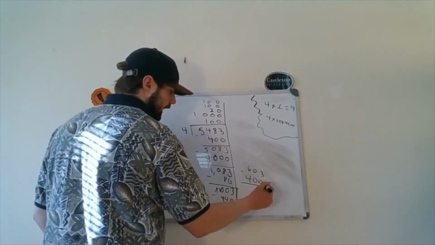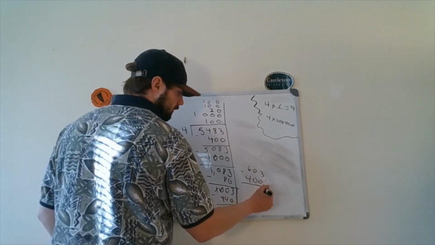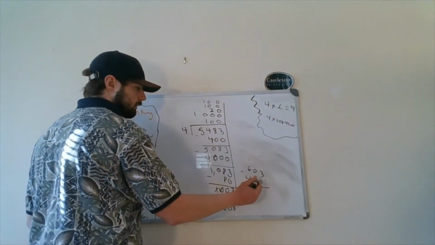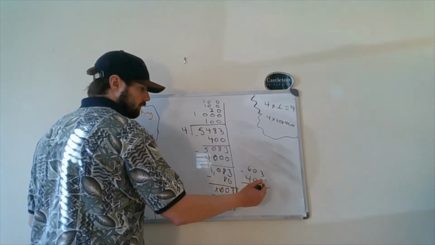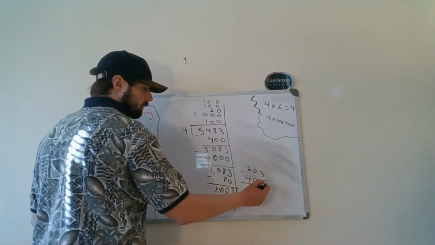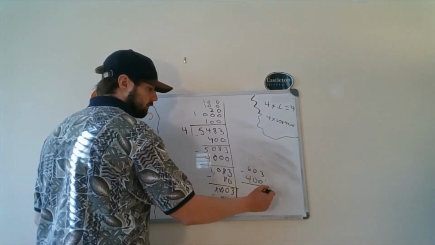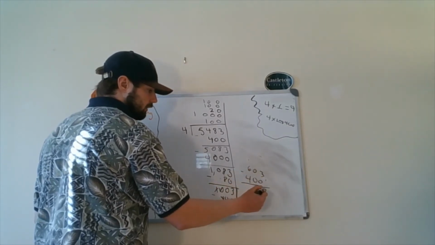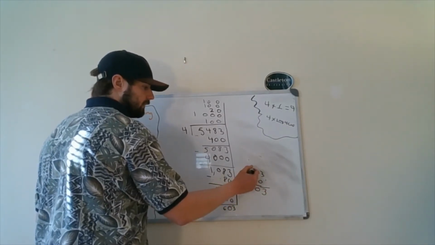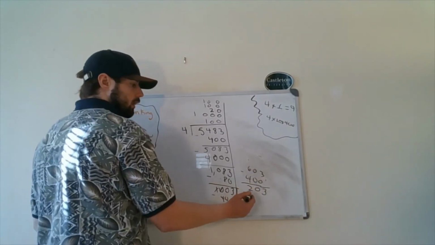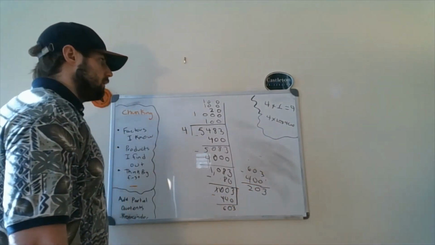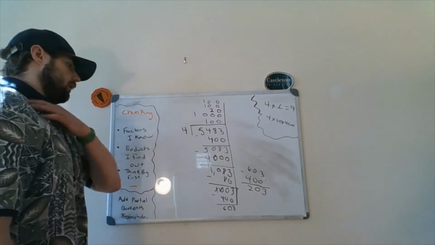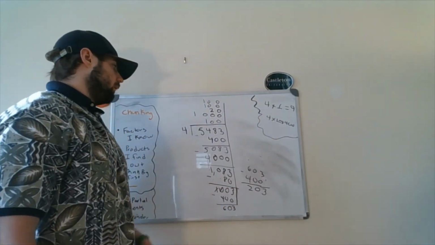So I subtract out 603 minus 400. Okay. 0 minus 3 is 3. 0 minus 0 is 0. 4 minus 6 is 2. 203 is my new whole.